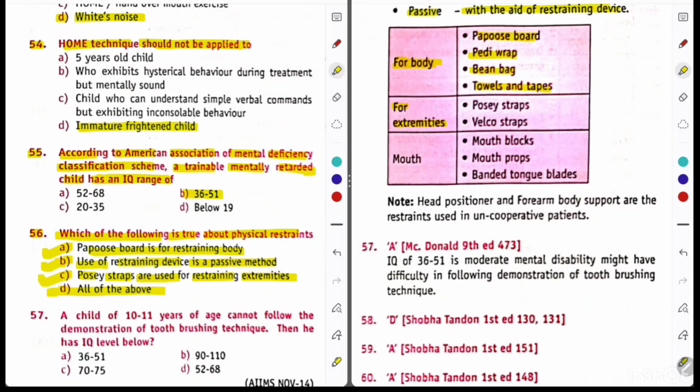For extremities, restraints used are posey straps and velcro straps. For mouth, blocks, mouth props and banded tongue blades. Note, head positioner and forearm body support are the restraints used in uncooperative patients.